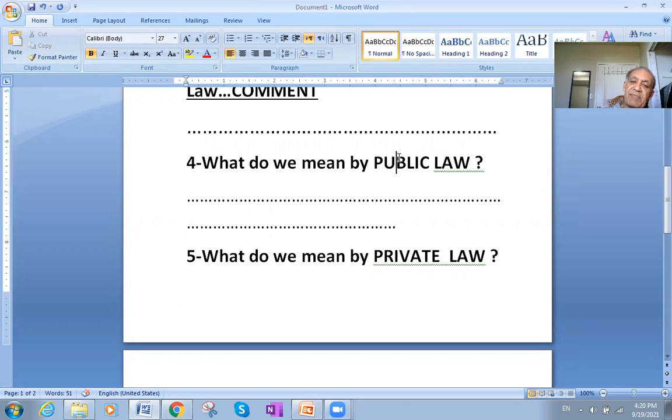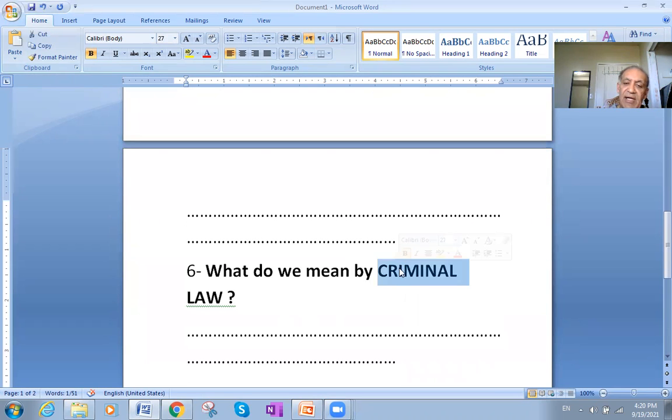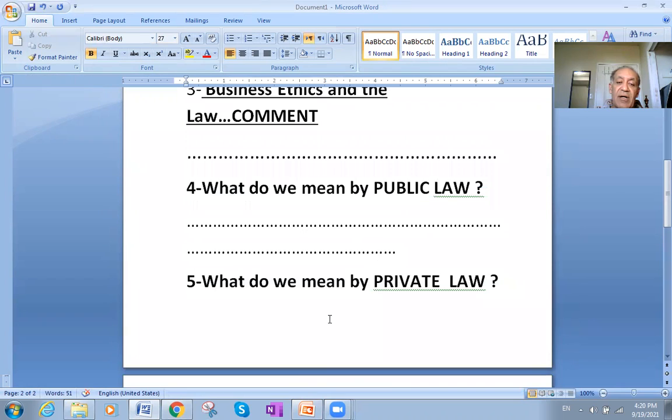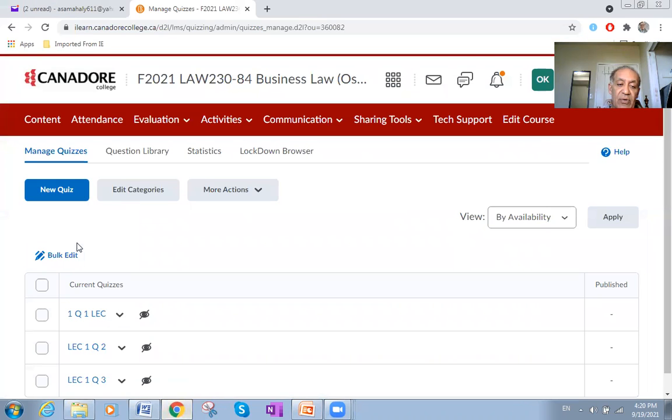We said public law is between the individual and the society, private law is between an individual or organization and another individual or organization in the society. The third one, criminal law, deals with the big matters like theft, like money laundering, those which are considered a crime. So those three are our targets now.